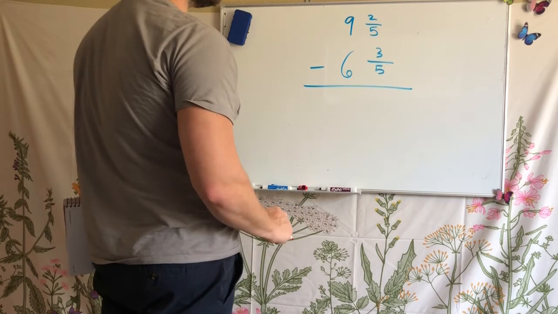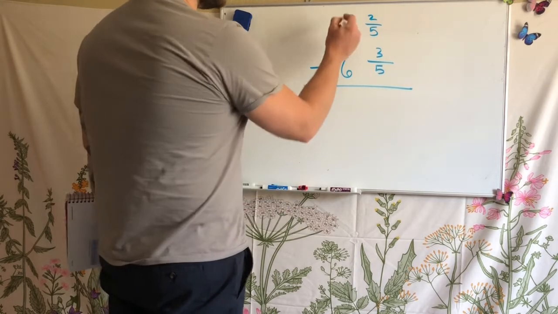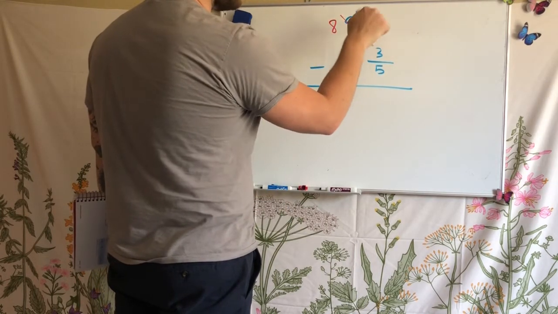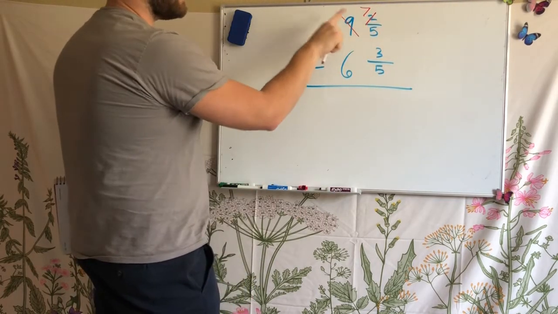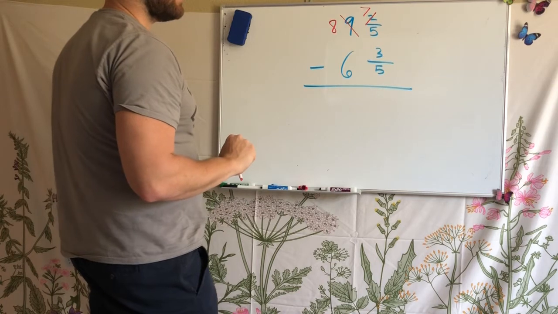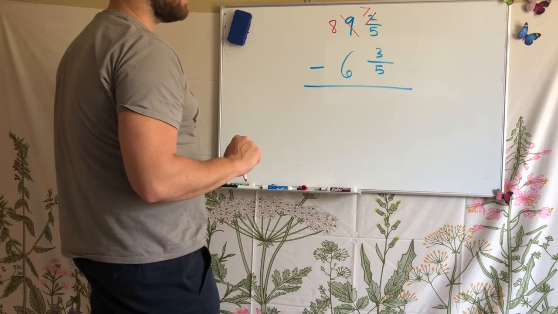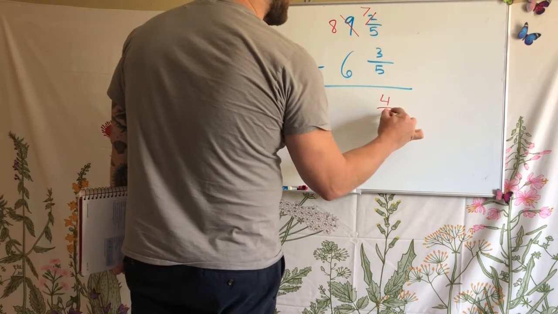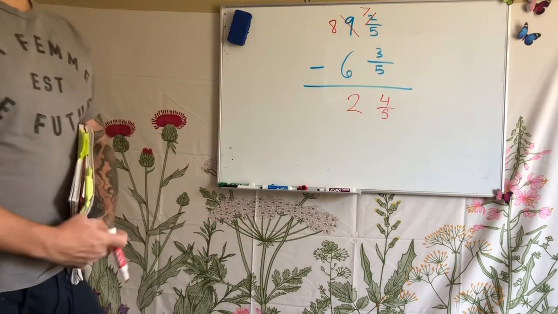Pause the video and set that up now. This is what you should have done. Borrow, turn that into an 8, put the 5/5 over here, turn this into a 7. So now, this is your new equation. Pause the video and solve. So your answer would be 4/5, and this is 2. 2 4/5.